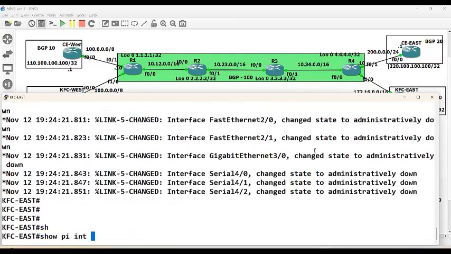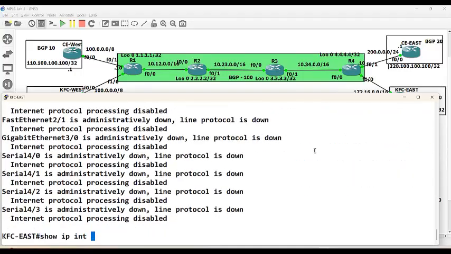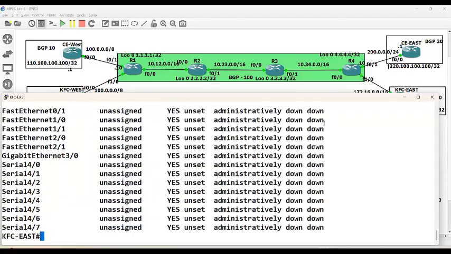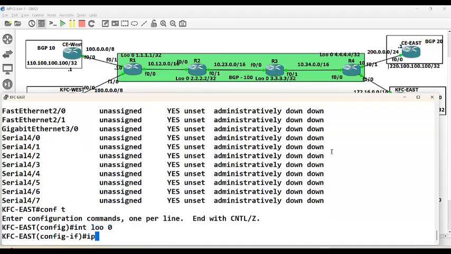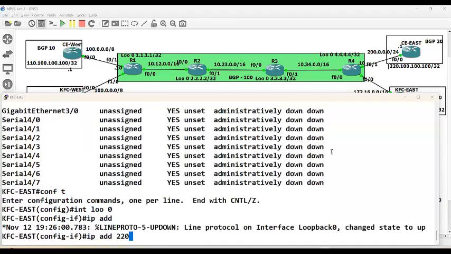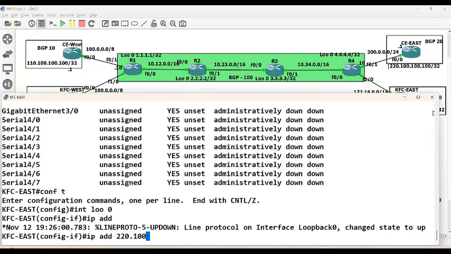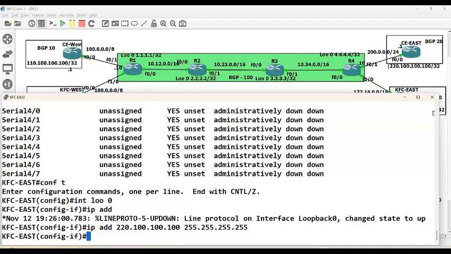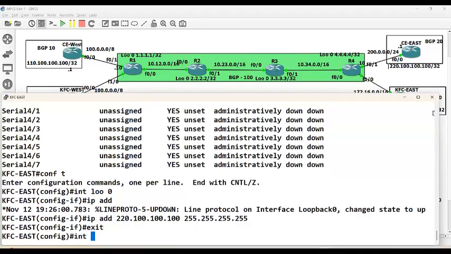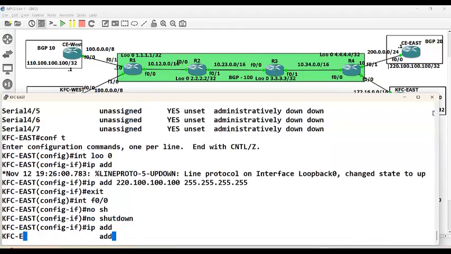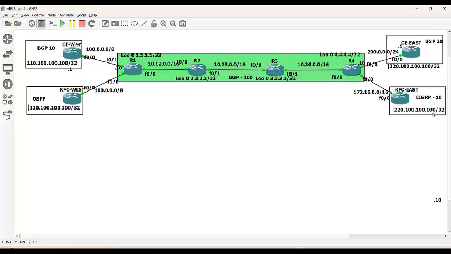Show IP interface brief. I don't think there is an IP address. No IP address. Let's give an IP address. Interface loopback 0, IP address 220.100.100.130. Interface F, 172.16.0.10.